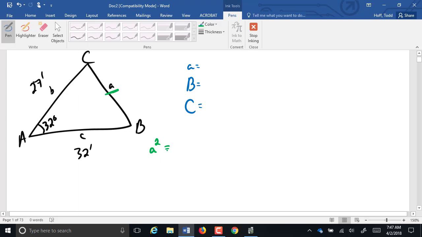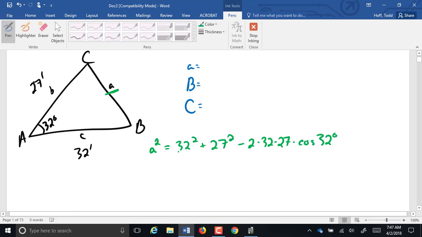Now, unlike Pythagorean theorem, it's always going to be plus on the right side. It's going to be a squared plus b squared, or c squared plus b squared in this case, minus the two, whatever. We just have to adjust the letters. The operations won't change. So this is going to be 32 squared plus 27 squared minus 2 times 32 times 27 times the cosine of the 32 degrees.